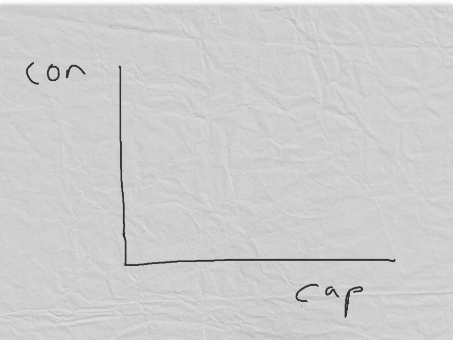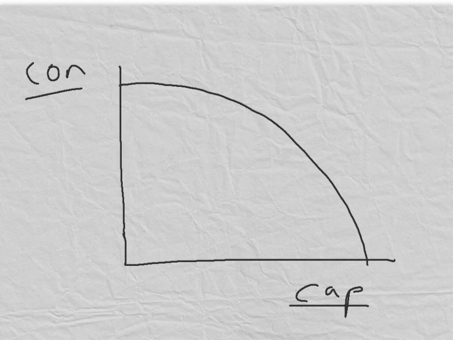So let's look at what the PPF curve or graph actually looks like. Here we have two axes with consumer goods on the y-axis and capital goods on the x-axis. So if we draw a PPF, we would draw a curve like this. Every point on this curve represents a combination of capital goods and consumer goods that an economy can make if it uses all its available land, labor, capital, and enterprise.